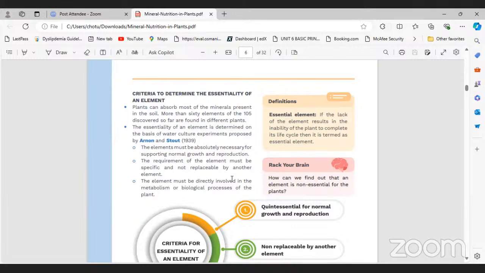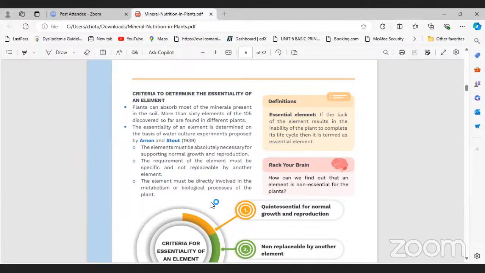More than 60 elements of the 105 discovered so far are found in different plants. The essentiality of an element is determined on the basis of water culture experiment, proposed by the scientists Arnold and Stout in 1939.